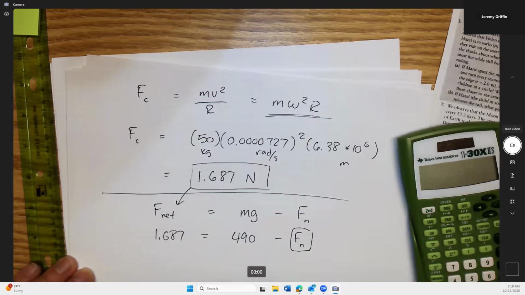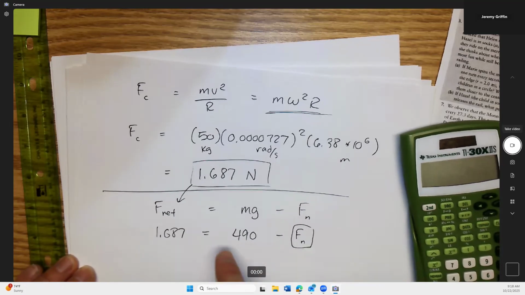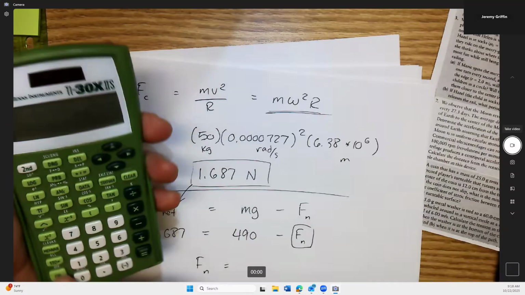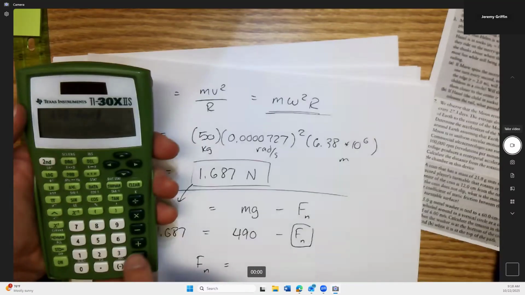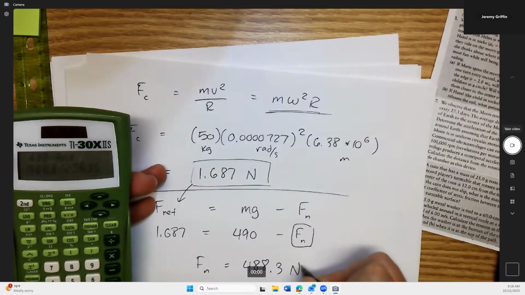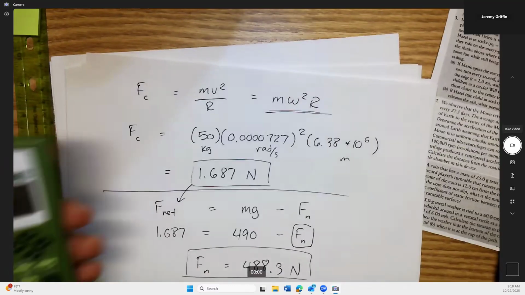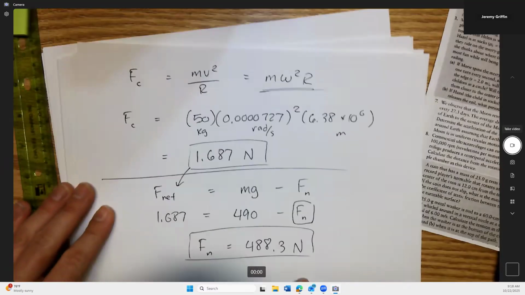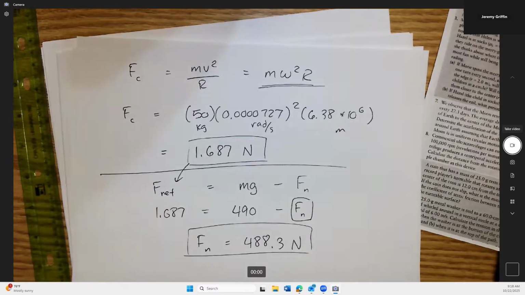That's this normal force right here, isn't it? So add, subtract. So what's 490 minus the answer? Yeah, 488 newtons. Okay. So Earth is actually pulling down on him with 490 newtons, but the scale only shows 488. Ooh, because the Earth is spinning.